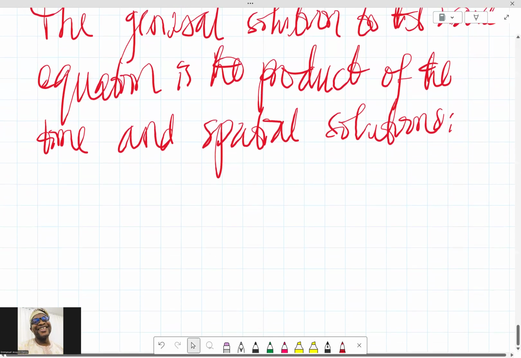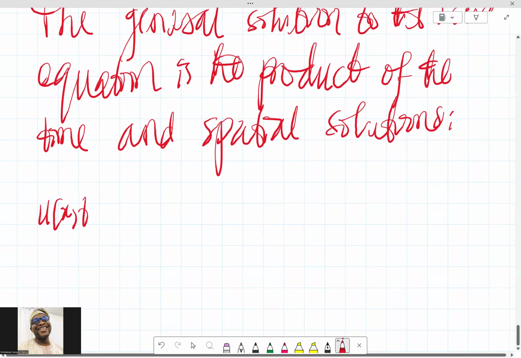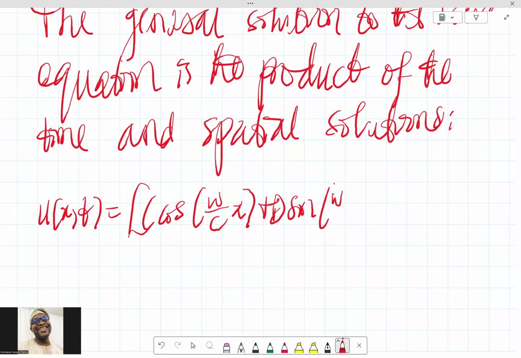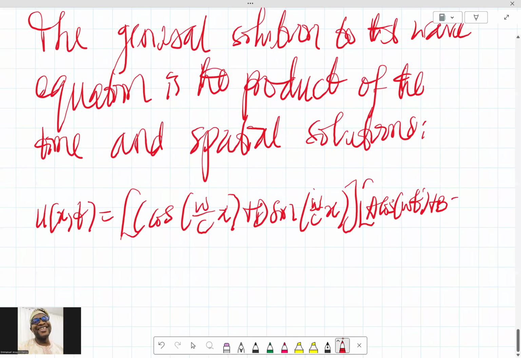So we have u of x comma t equals C cos omega over c x plus D sine omega over c x, times A cos omega t plus B sine omega t.